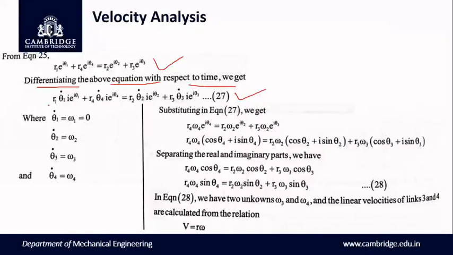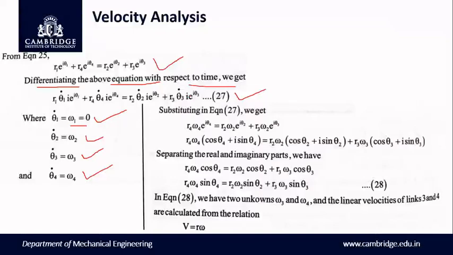So on differentiation we got this. Here we know the differentiation of d theta 1 by dt is omega 1, and theta 1 is equal to 0, therefore omega 1 is also equal to 0, and d theta 2 by dt is omega 2, d theta 3 by dt is omega 3 and d theta 4 by dt is omega 4.